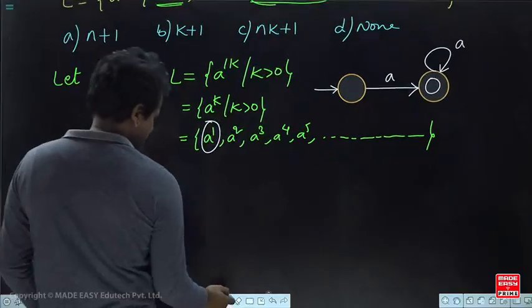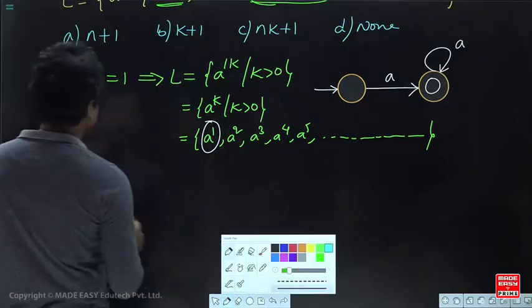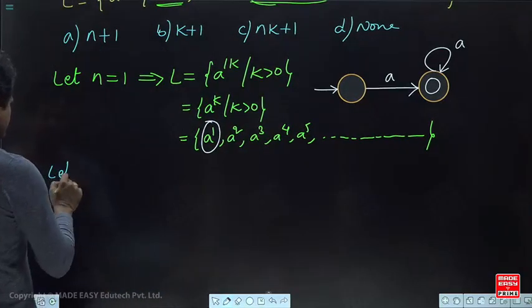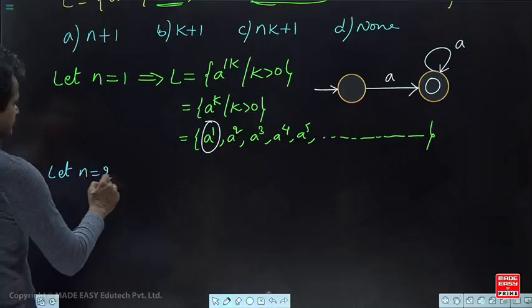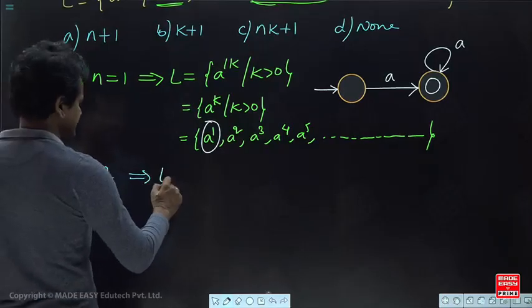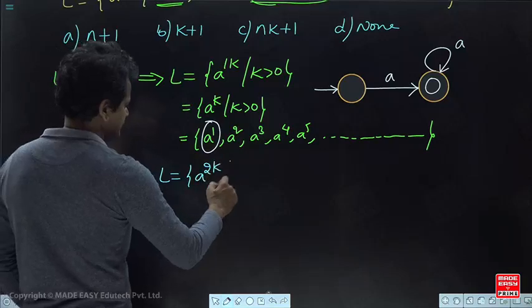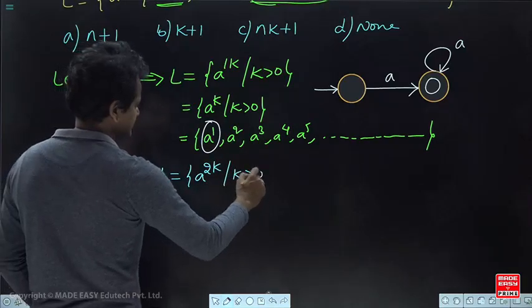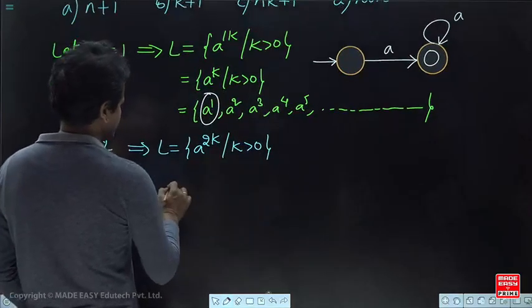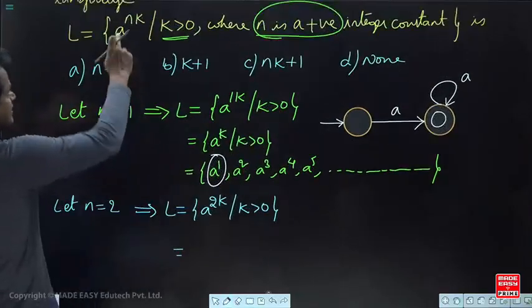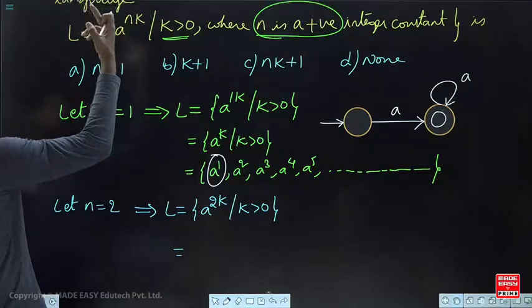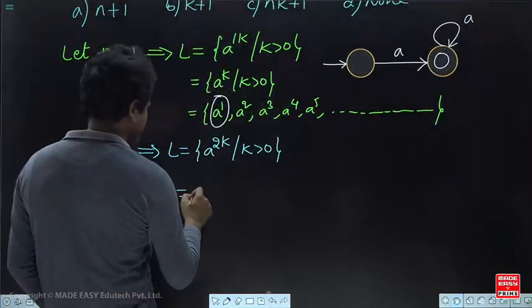Okay, guys. Now let us go for the next one. Suppose n equal to 2. Let n equal to 2 implies, what is L, guys? L equal to a power 2 into k, k greater than 0. What is n equal to a power nk? Take n as 2, then a power 2 into k.